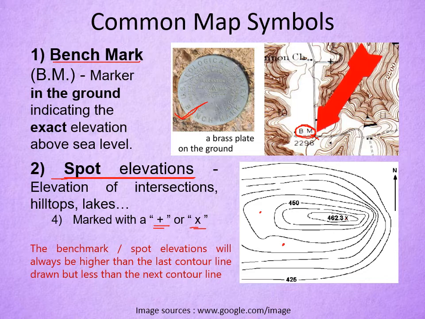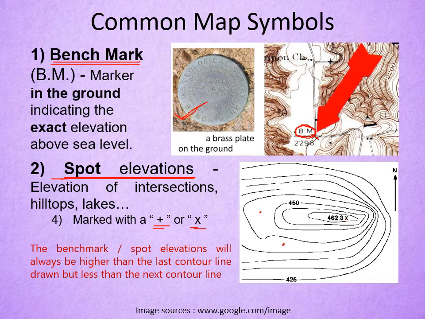Suppose in your area the Tropic of Cancer is passing. So you try to mark the altitude values at those points from where the Tropic of Cancer is going. For those cases, we use the term benchmark.